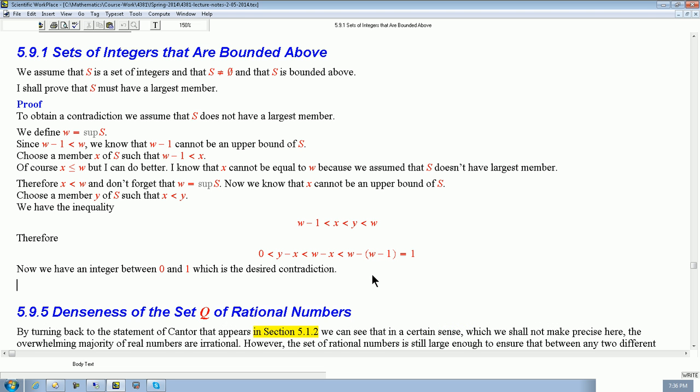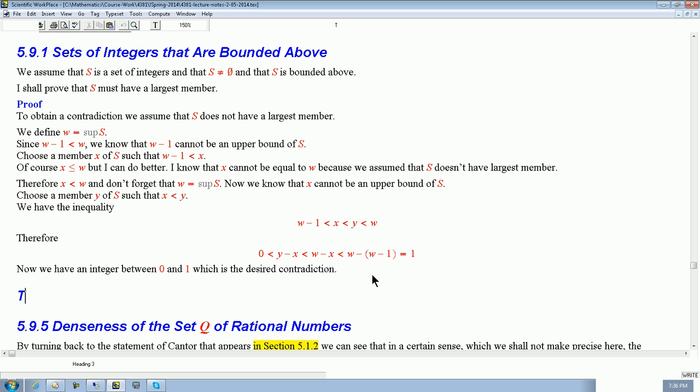Maybe I'll just write this in here before I stop. The set Z cannot be bounded above. Because why? You'll write because it doesn't have a largest member. Any set of integers, if it's non-empty and bounded above, has got to have a largest member. This set doesn't have a largest member, so it can't be bounded above.